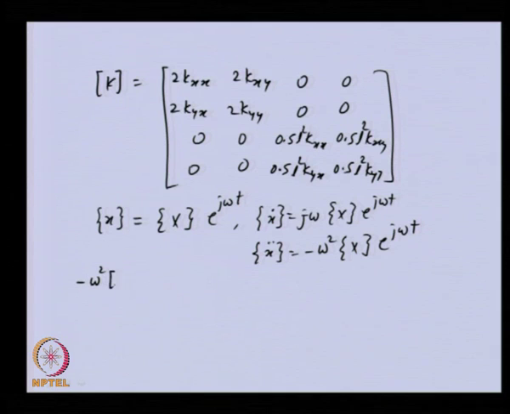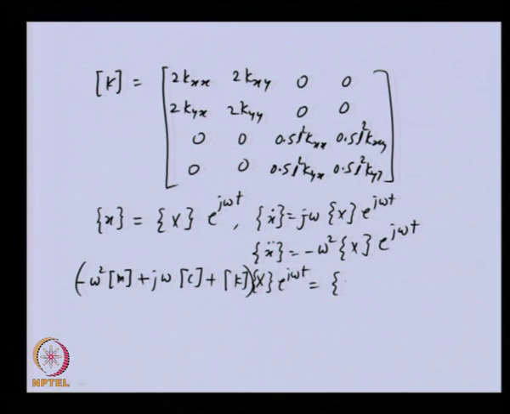minus omega square m, with X taken common, then j omega c plus k, with X taken common, times e to the j omega t. The force vector for the unbalance, we can write as an amplitude and this time dependent term, which we earlier defined, showing how cos omega t and sin omega t can be written in this form.